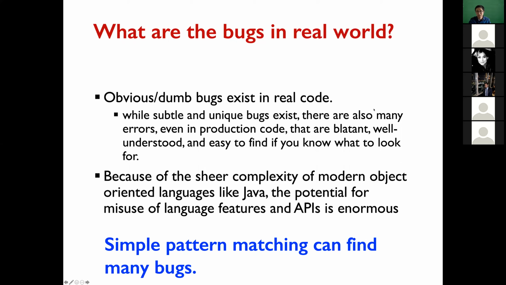So what are the bugs in the real world? There are many obvious dumb bugs existing in real code, as the examples we just showed, right?